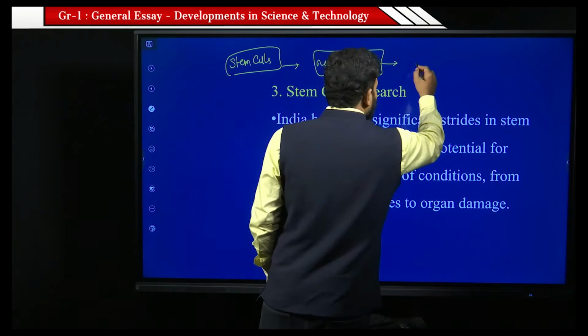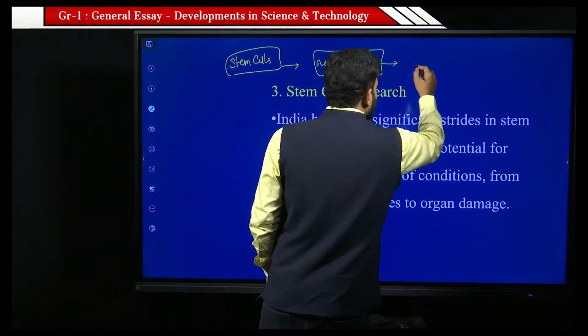India has made significant strides in stem cell research, which holds potential for treating a wide range of conditions from degenerative diseases to organ damage. Basically, it is about organ damage. Stem cells have the potential to be transformed into any organ, whether you want a heart or kidney or a lung.